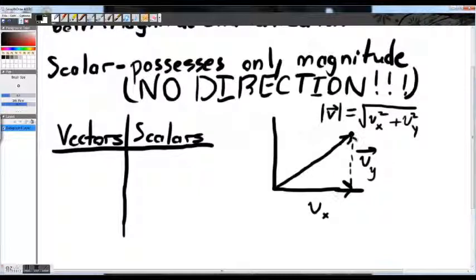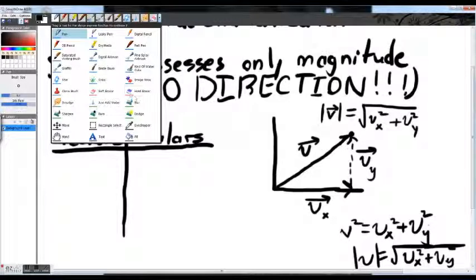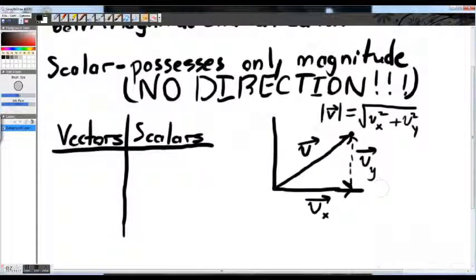And to get V, we would do V squared equals Vx squared plus Vy squared. So V will equal the square root of Vx squared plus Vy squared. That's the magnitude of V. This isn't necessarily that important right now, because we'll be talking about vectors, their addition, subtraction, everything to do with vectors in a later video.